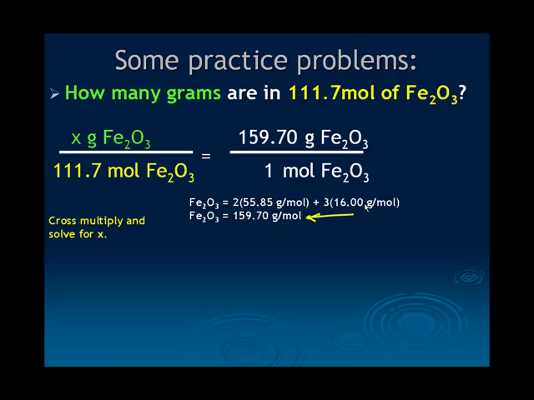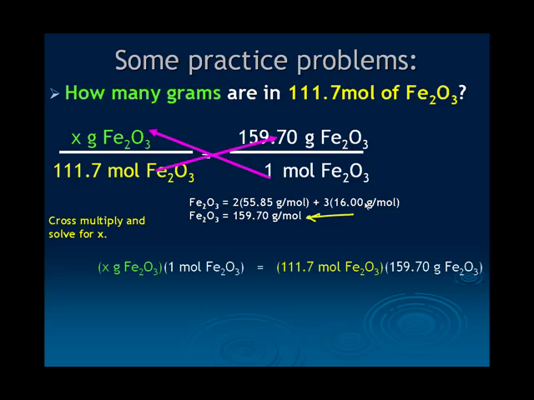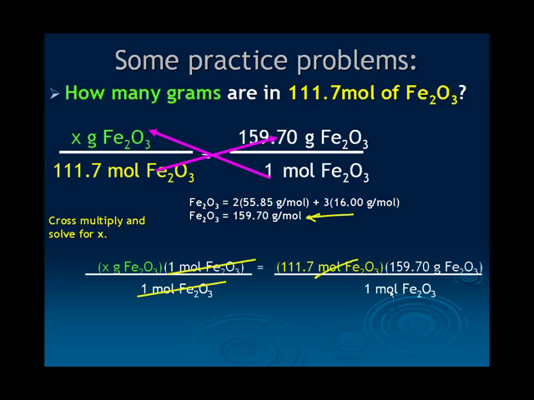So again, the 1 goes next to moles, 159.70 next to grams. Cross multiply and solve for X. That's your problem. Okay. We want to get X by itself, so we need to set up 1 mole. Our moles cancel, and you get 111.7 times 159.70. This is what it works out to on the calculator.